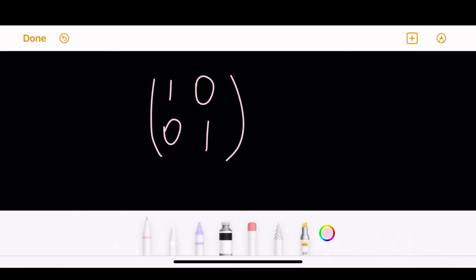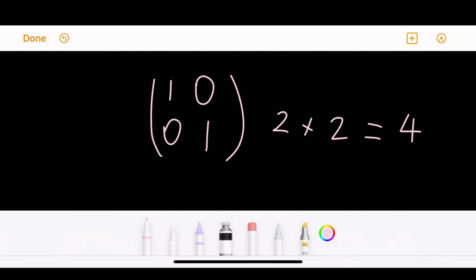So this is called a 2 by 2 matrix, and it's also known as a square matrix because the rows equal the columns. And then to find the order of a matrix, all you do is find 2 times 2, which in this case is 4. So the order of this matrix over here is 4.